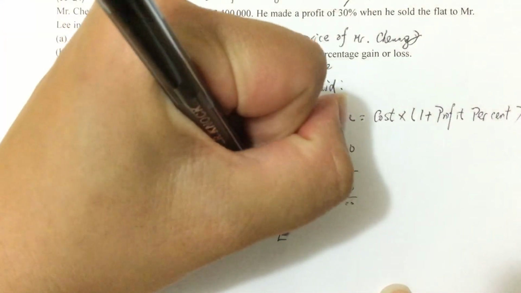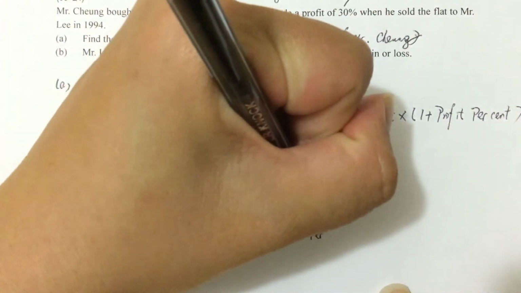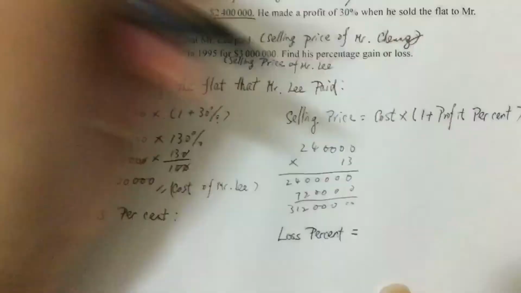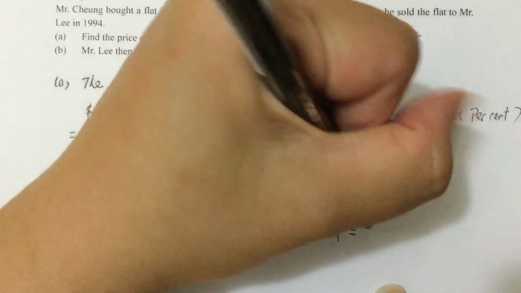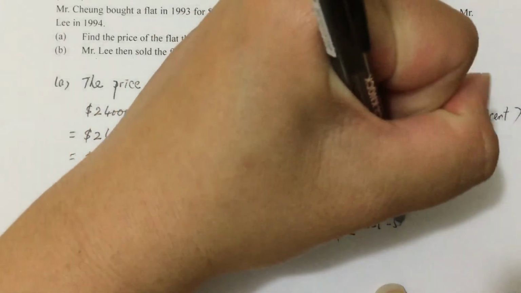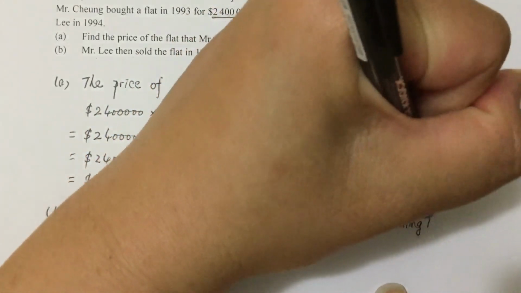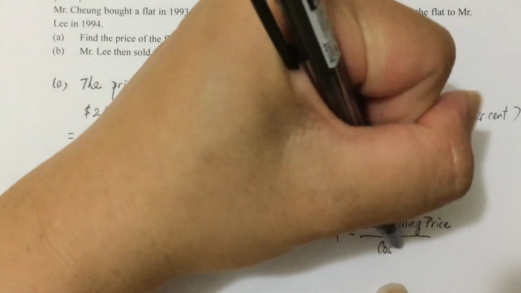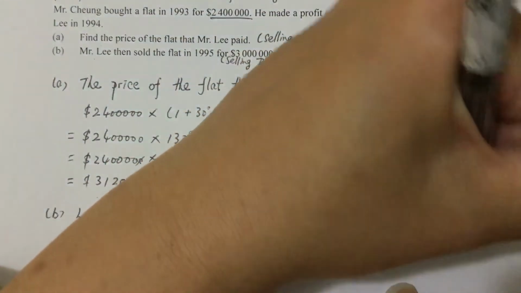We will use the formula: the loss percent is equal to the cost minus selling price, always over the original one, that is the cost, times 100%.